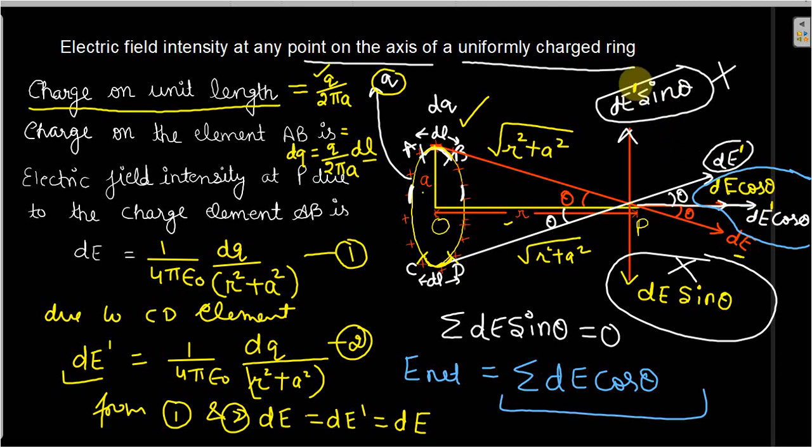Both are equal and opposite, so all the components will be 0, and E net is equal to dE cos theta. Now the next step is we will substitute the value of dE and cos theta. Because all these are equal, we will substitute the value of dE here and the cos theta value here. So we will get the net electric field.